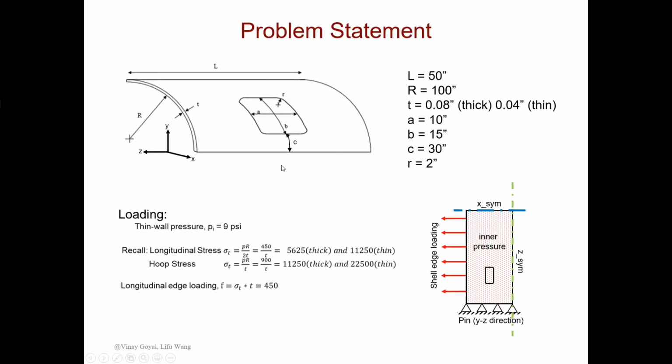However, since we are only simulating one segment, it's not a closed end, but in reality it is a closed-end cylinder, so we need to manually apply the longitudinal stress to the side. In Abaqus, we are going to use shell elements, which apply the longitudinal edge loading, and the unit for that is Newton per meter, or psi times inches.